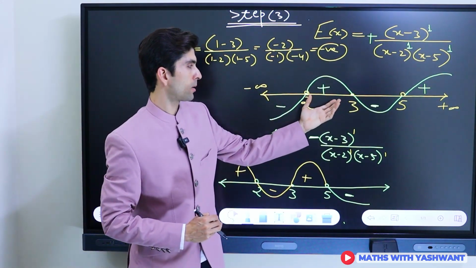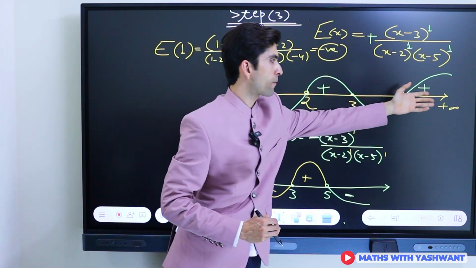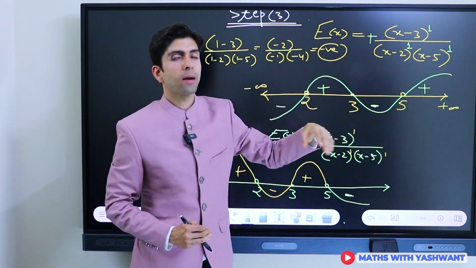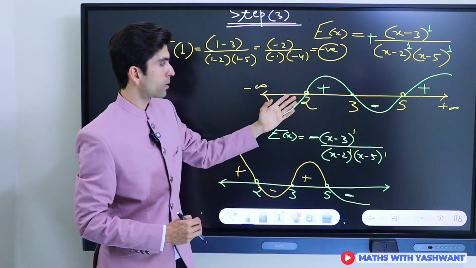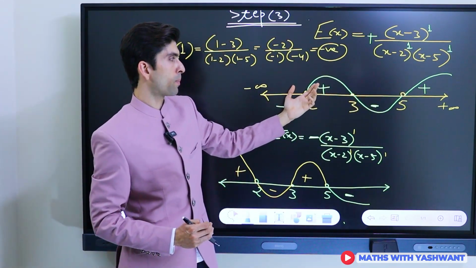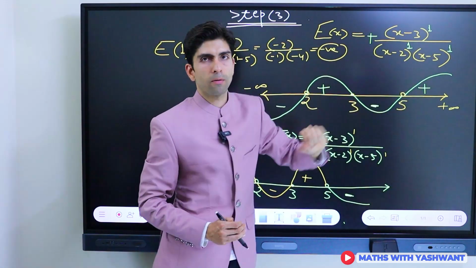Similarly, if you take any value of x from the interval 2 to 3 or 5 to positive infinity and put it in the expression, you will find that the expression will generate a positive value or a positive output, because the wavy curve for this interval is above the number line, and the positive sign represents that the curve will generate positive output.